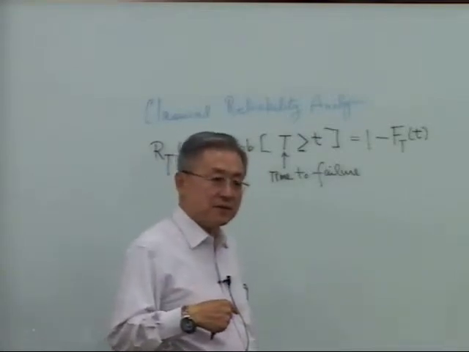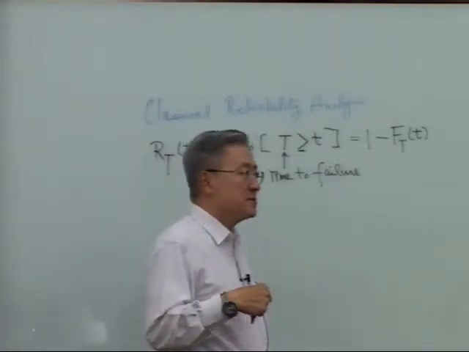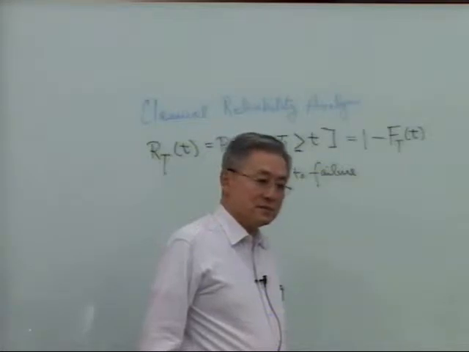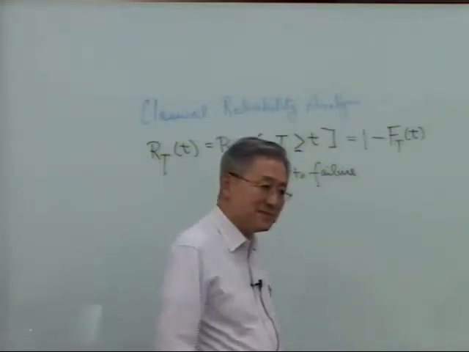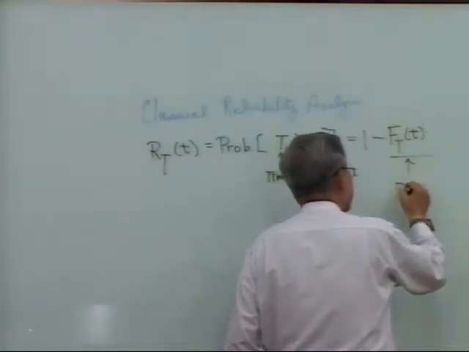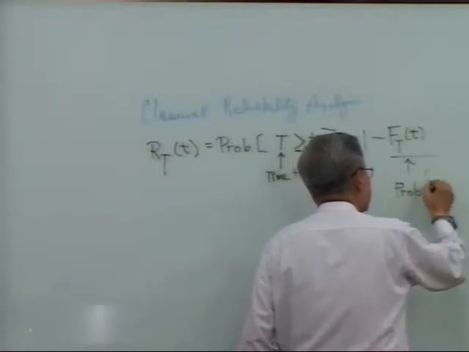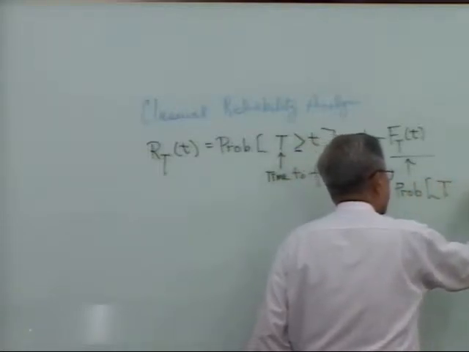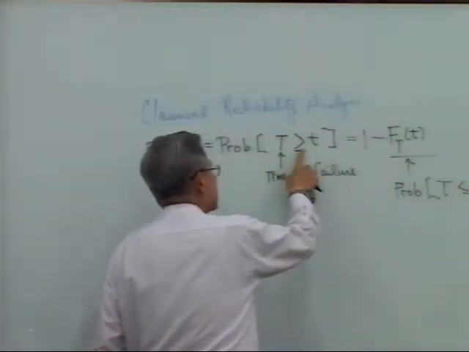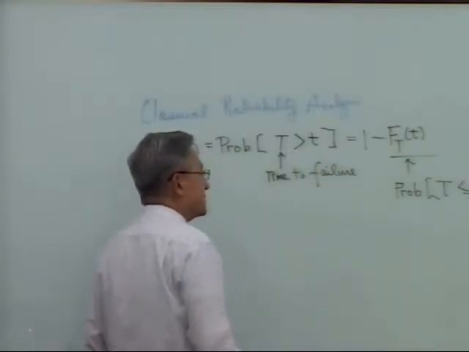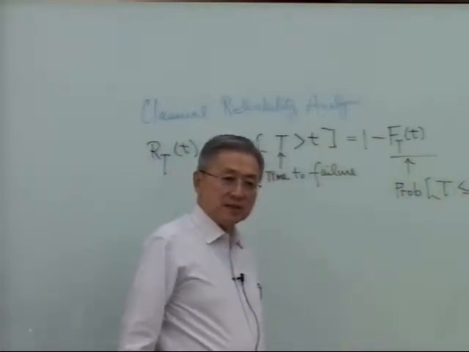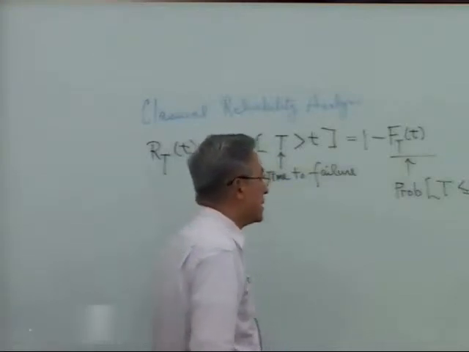What's F(t)? Of course, this is a probability such that T is less than or equal to t. I'm going to use one side only to cover them all, because P_F plus P_S is equal to 1, that concept.